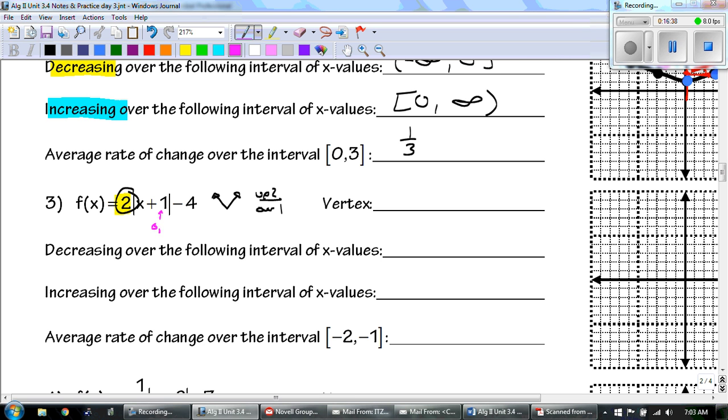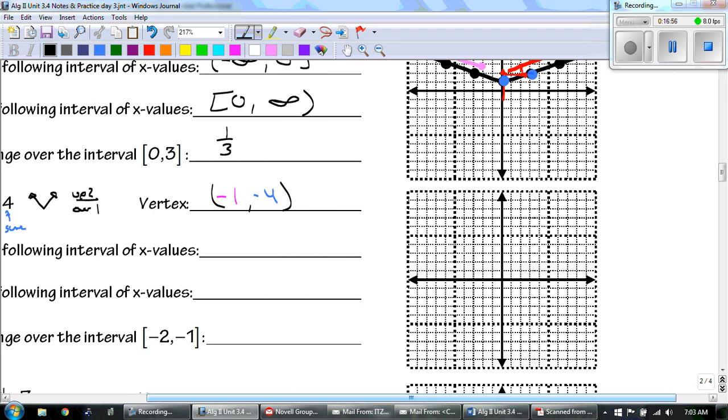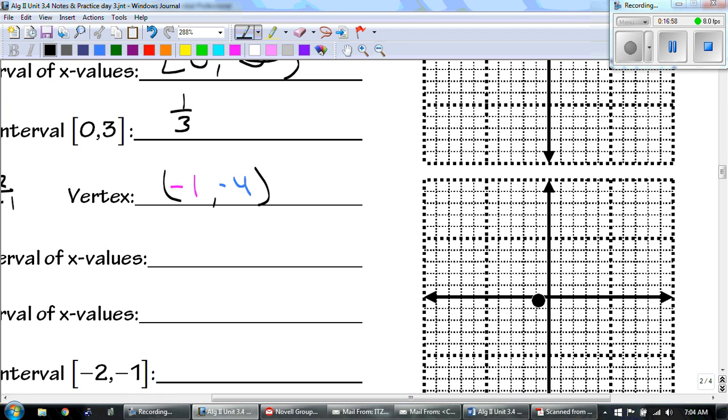Then we take the opposite of 1, which is negative 1, and the negative 4 stays the same. Okay, so we'll graph it together, and then you guys see if you can answer the questions. Okay? So at negative 1, negative 4, so negative 1, negative 4, and it's saying 2 over 1, 2 over 1 in both directions.